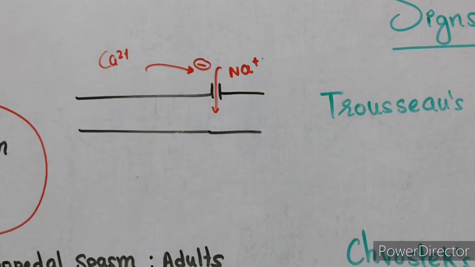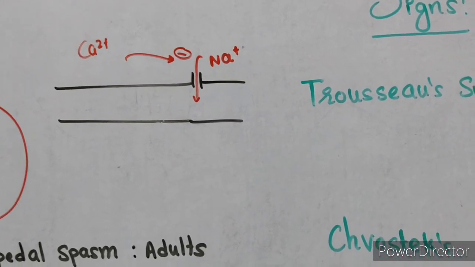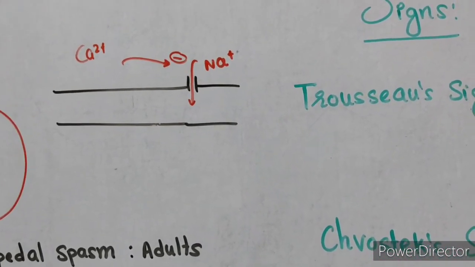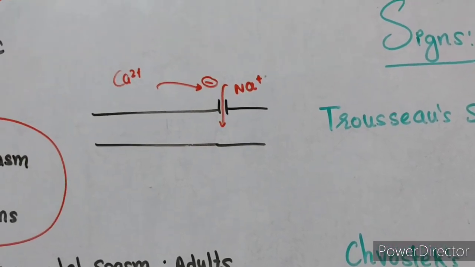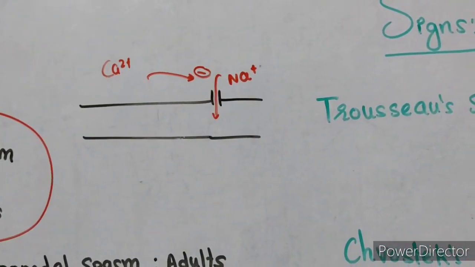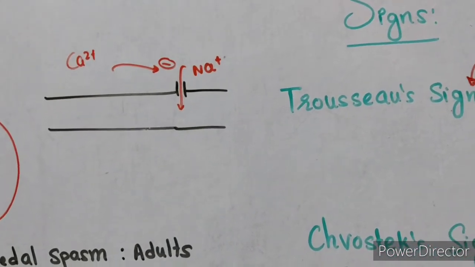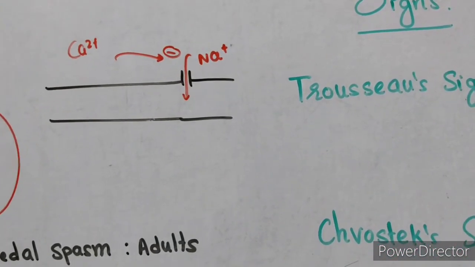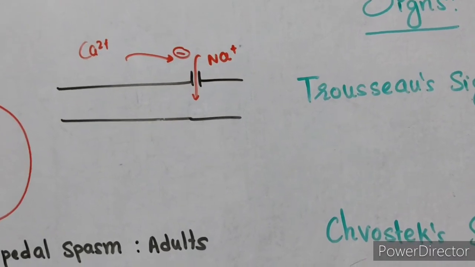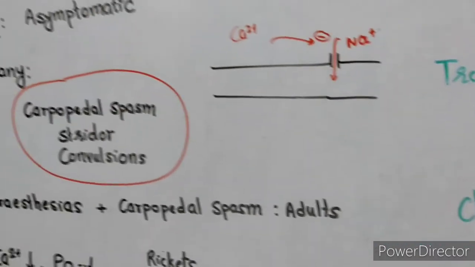It does not allow sodium influx to occur and to cause spontaneous depolarization. But when calcium is decreased, increased sodium influx will occur, because of which there will be spontaneous depolarization, and because of this spontaneous depolarization, there is increased neuromuscular irritability.